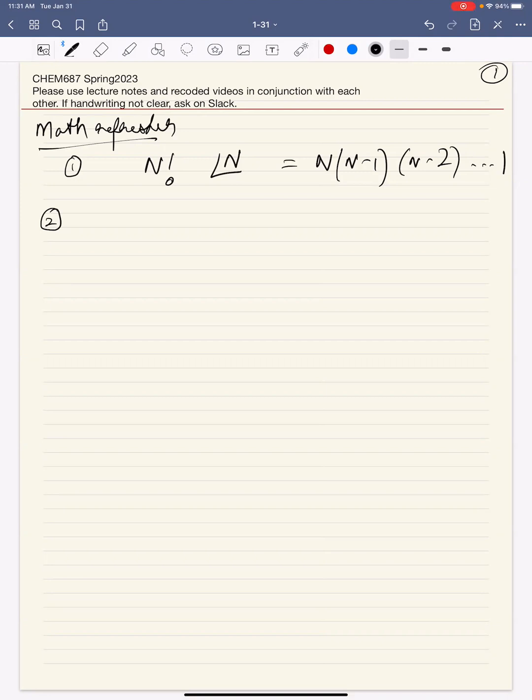So one of the most heavily used approximations in this course is Stirling's approximation, which tells us how to approximate n factorial. As you will notice, starting Tuesday and soon, often we are not interested in large numbers, we are interested in the log of large numbers.